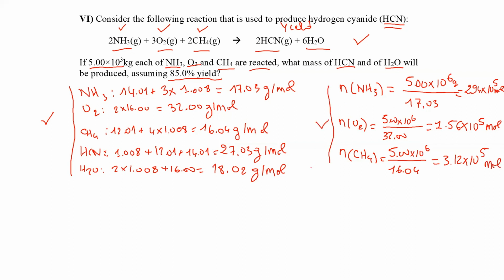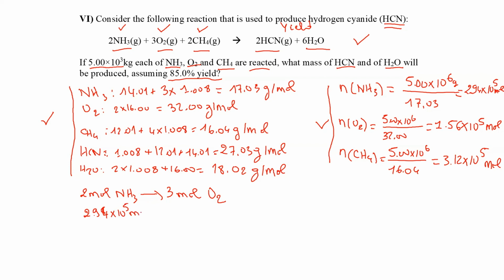Now let's determine which one is the limiting reactant. How do we do that? By using the balanced reaction. So we know that 2 moles of ammonia should be combined, because this is a reactant, with 3 moles of oxygen. So how many moles of ammonia do I have? 2.94 times 10 to the power 5.